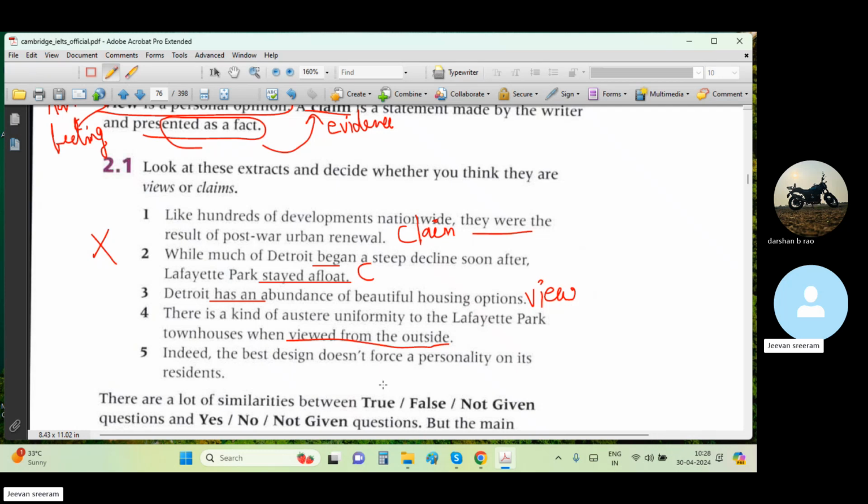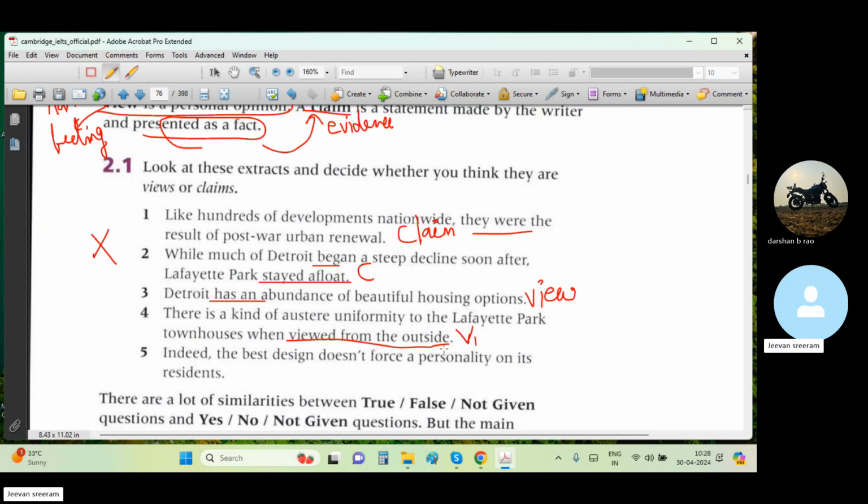Is it the author's opinion? Yes, actually, that is the author's opinion. It's not something that already happened. Is it really a past thing? No. The author presented it as a characteristic of Lafayette Park, what the author felt. When viewed from outside, they all look the same. So it's also a view.